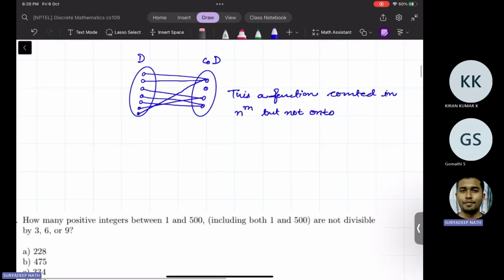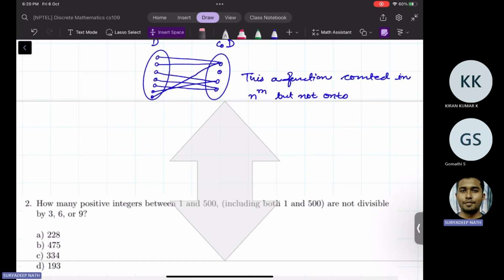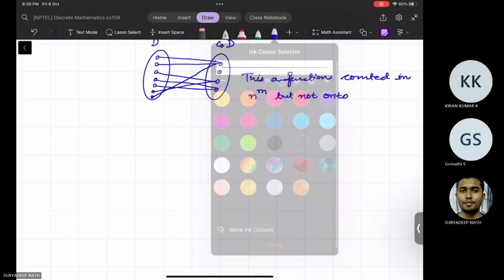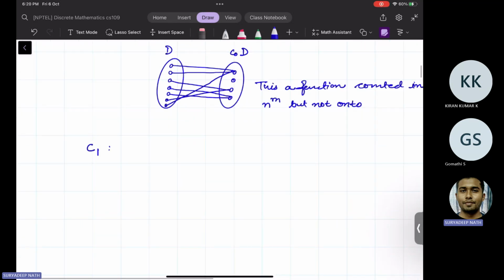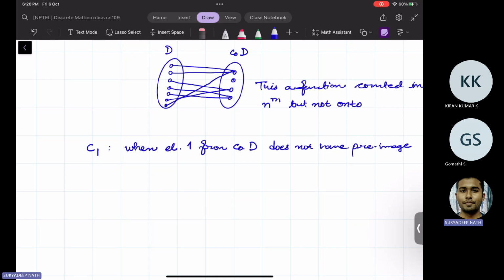So now that we know what we have to do, let's say C1 is the event when element 1 from the codomain does not have a preimage. This is the event C1 that element 1 does not have a preimage.